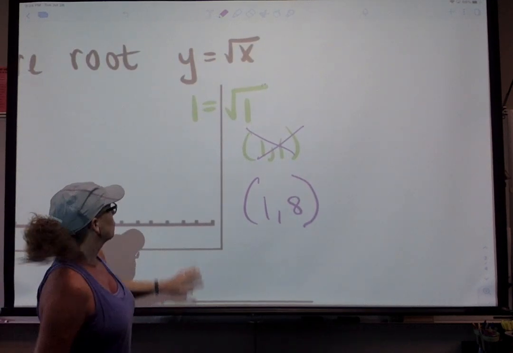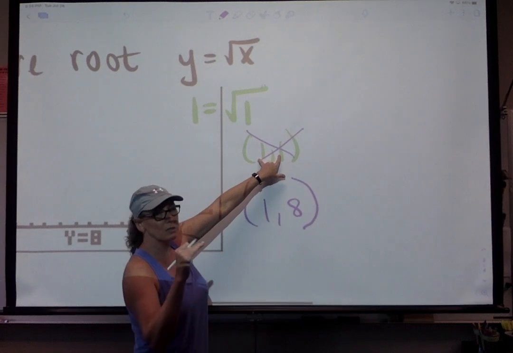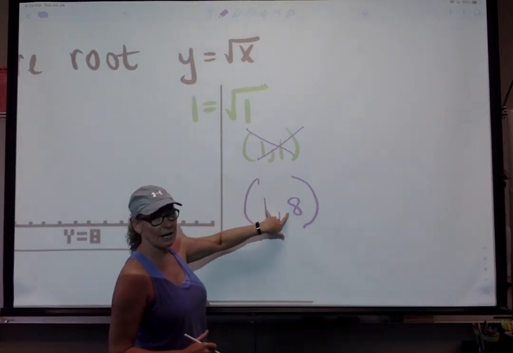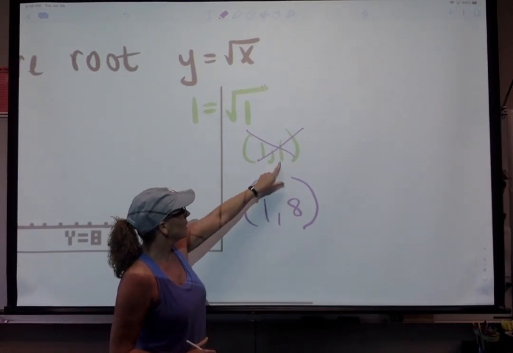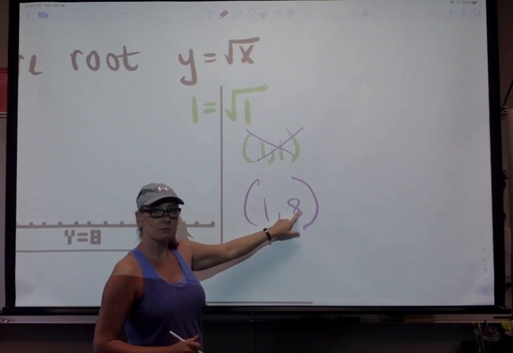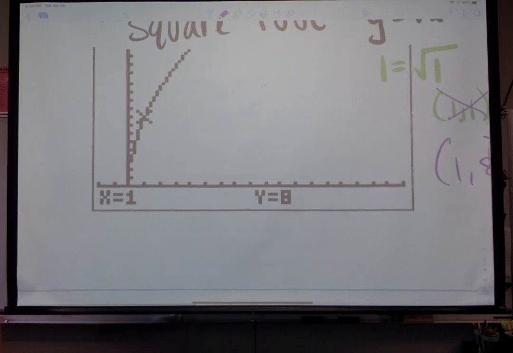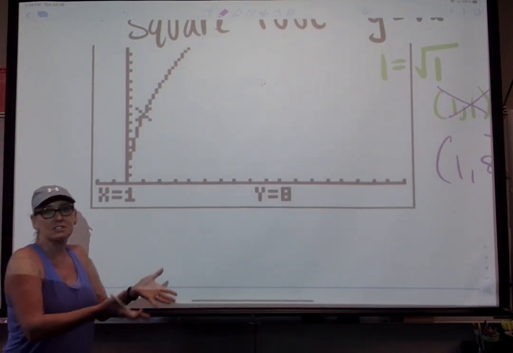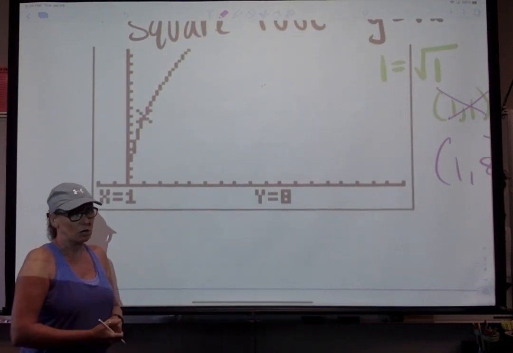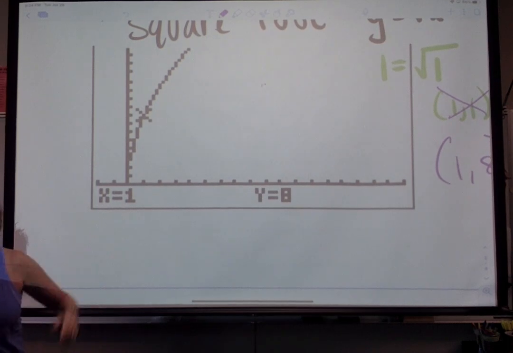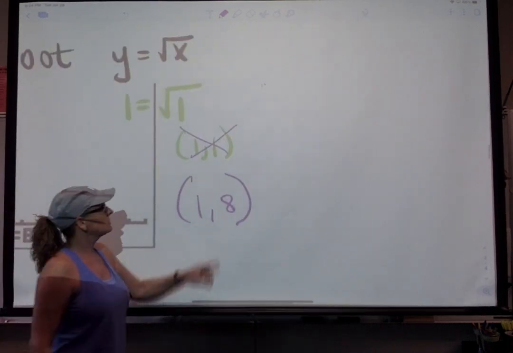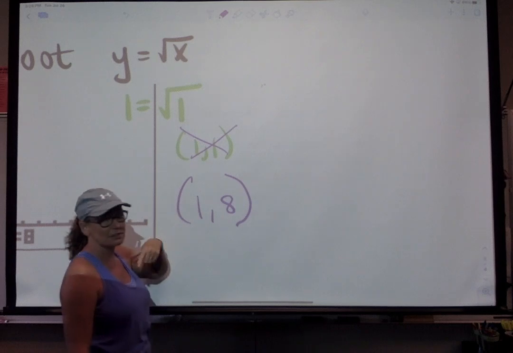What could transform a point that normally passes through 1, 1 to 1, 8? You might think, oh, up 7. It's possible. Did our root function get shifted up 7? No, because it still starts at the origin. Okay, scratch that idea. What's another way to turn this 1 into this 8?